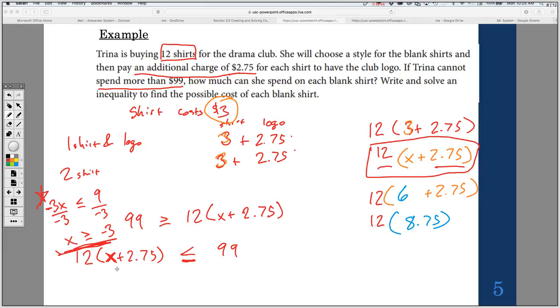Which one? Distribution? Okay. So let's see. Now, let me erase this so we have some room to talk about it.